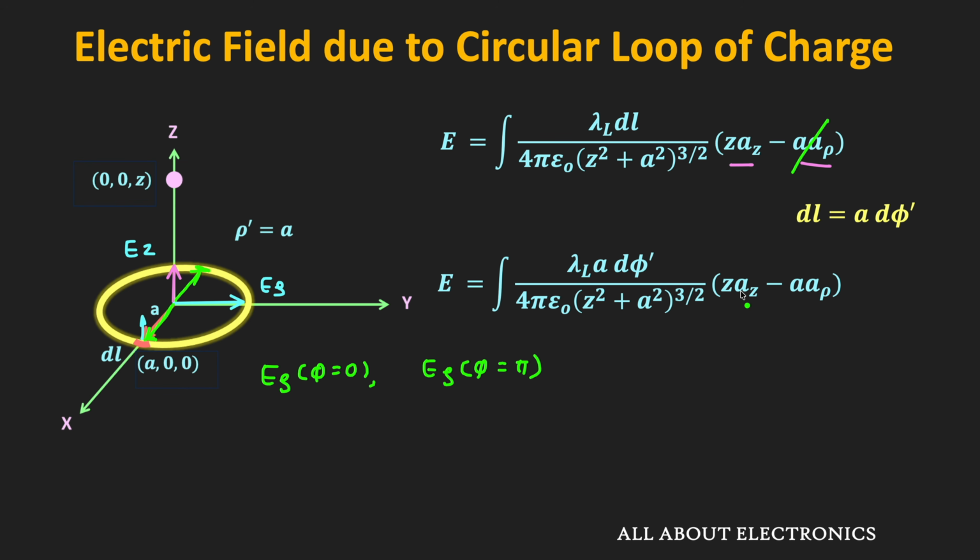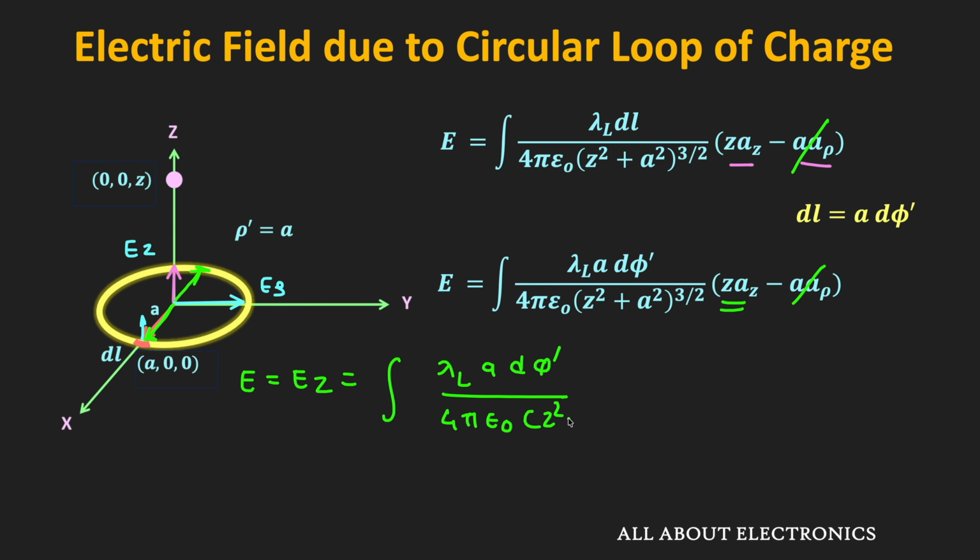And of course, here we will also have this z times az. And as we have seen, this component will get cancelled out. So we can say that Ez is equal to integration of lambda L times a times d phi dash divided by 4 pi times epsilon naught times z square plus a square raised to 3 by 2 times z.